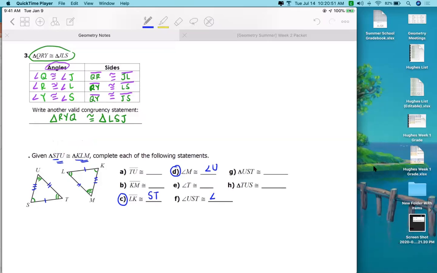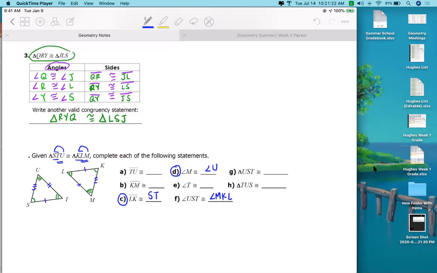U is the last one, and then S is the first one, so I'm gonna go like this, and then go back to T. So I'm gonna start with M, and then go to K, and finish it with L. So it should be M, K, L. And that's the angle part.